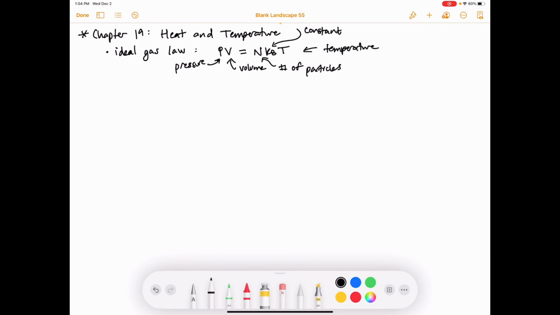And using this law, what we proved is, for an ideal gas, we proved that K bar, which is the average kinetic energy of the gas molecules, is equal to 3/2 times kB times T. And this gives us a microscopic interpretation of what temperature is.